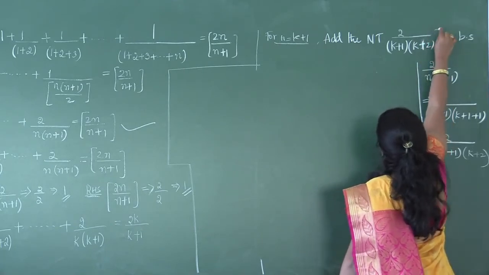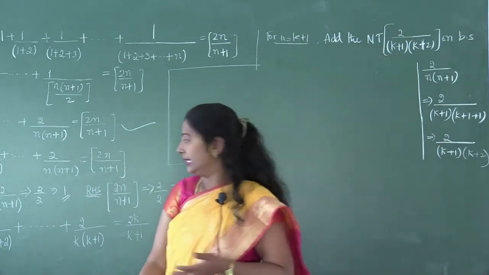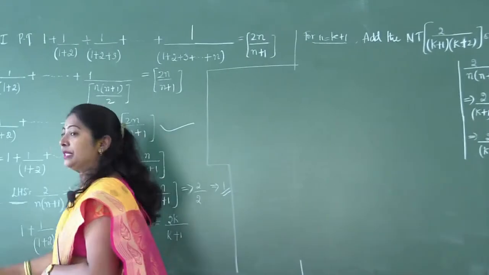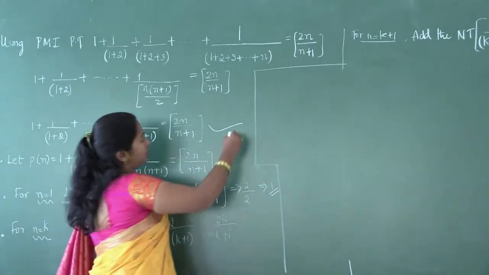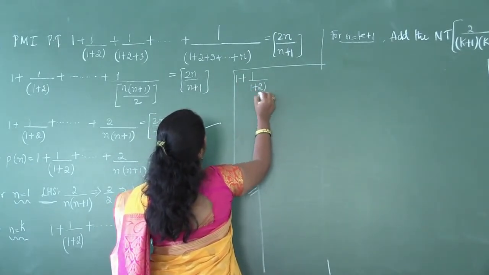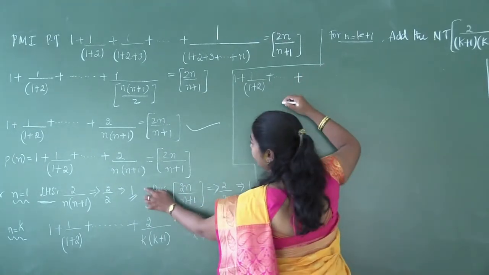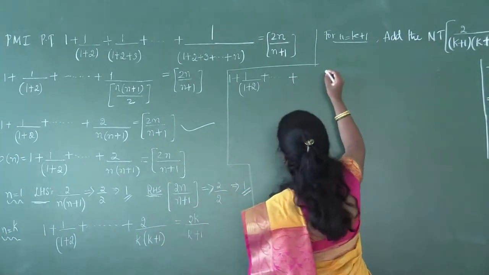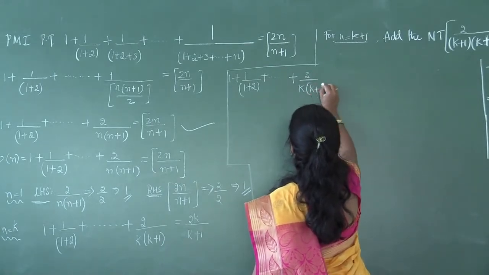Next. So, we shall add this term on both the sides. Using the previous step, I am going to add this on both the sides. What does the question become? 1 plus 1 divided by 1 plus 2 plus etc., 2 divided by k into k plus 1.